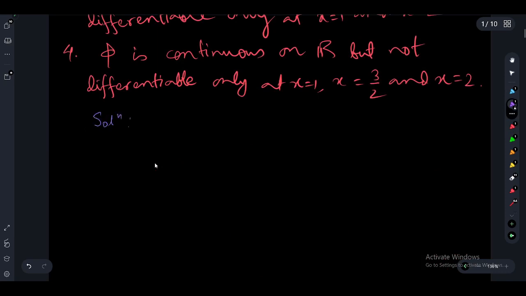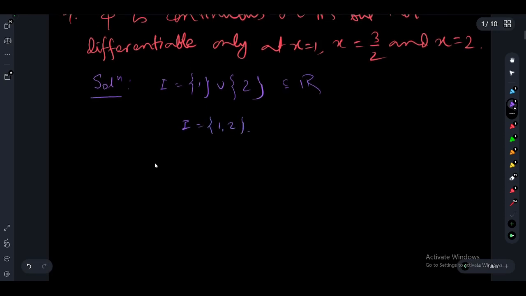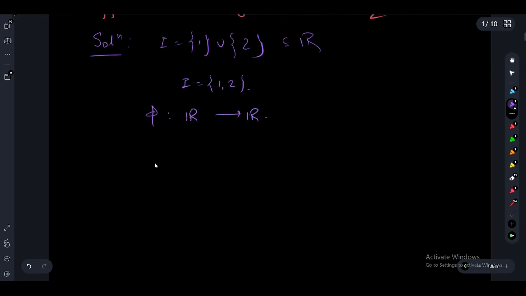Before we can solve this problem, we have to understand it. It is given that I equals {1, 2}, a subset of R. That means I contains only two elements, 1 and 2. We have defined a function phi from R to R by phi(x) equals the infimum of |x minus y| such that y belongs to I. This is our definition.